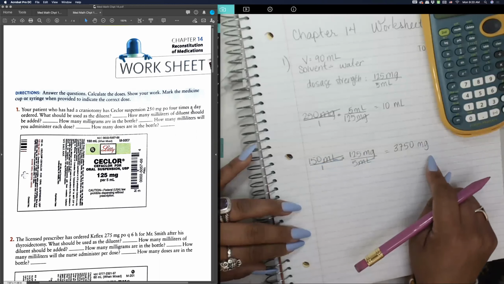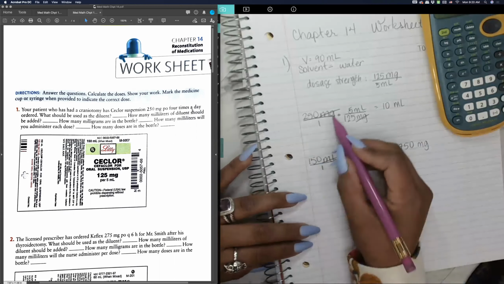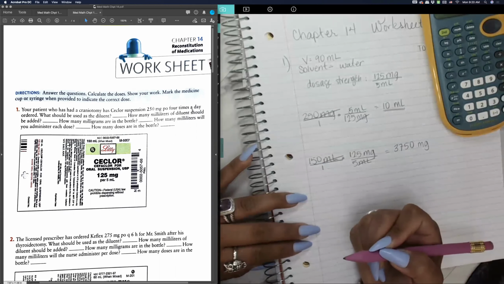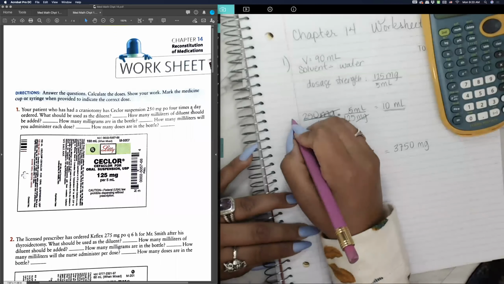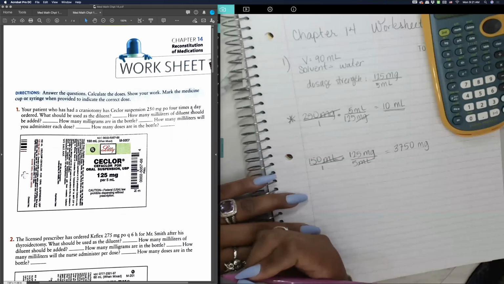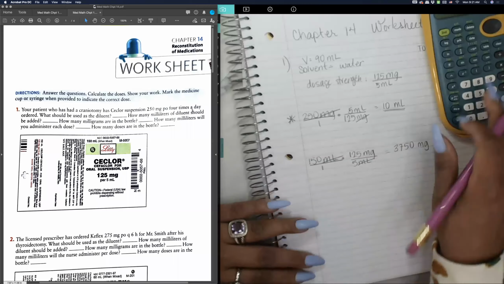How many milliliters will you administer each dose? I already calculated that. I'm going to administer 10 milliliters each dose to my patient. This is what we've been doing in all of our previous chapters. Then it asks how many doses are available in the bottle.